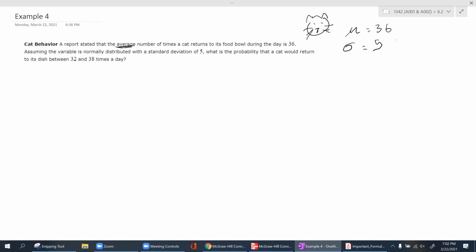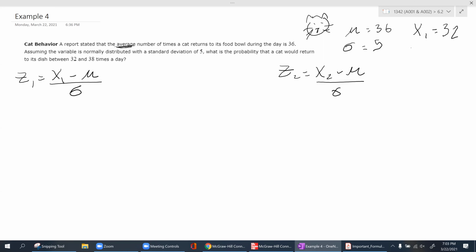My z1 to the left is equal to x1 minus mu over the standard deviation, and the next one is z2 equal to x2 minus mu over standard deviation, where my x1 is going to be 32 and my x2 is going to be 38.